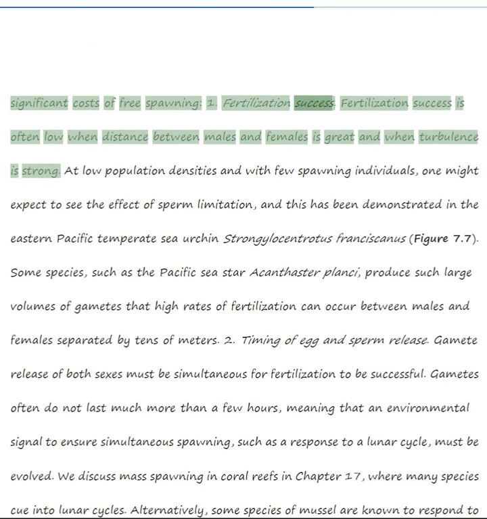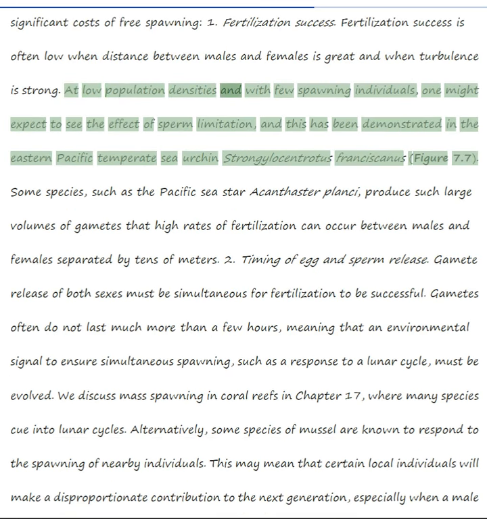One, fertilization success. Fertilization success is often low when distance between males and females is great and when turbulence is strong. At low population densities and with few spawning individuals, one might expect to see the effect of sperm limitation, and this has been demonstrated in the eastern Pacific temperate sea urchin Strongylocentrotus franciscanus.